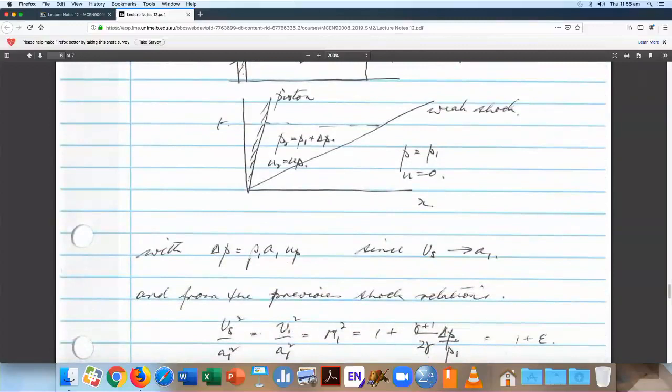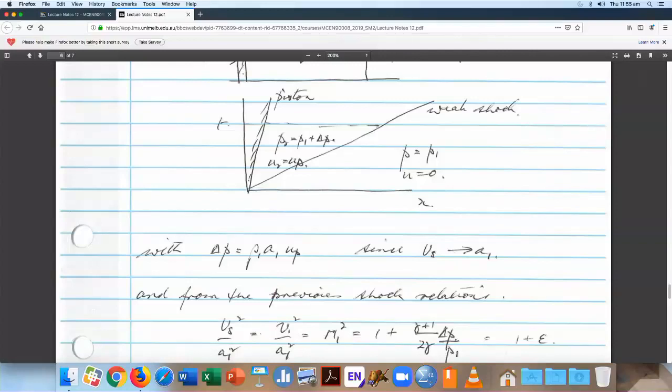So, for a very weak wave, you've seen that this pressure rise is ρ1 US times UP, and we've shown that the velocity of the shock approaches the upstream speed of sound, A1. US approaches A1.